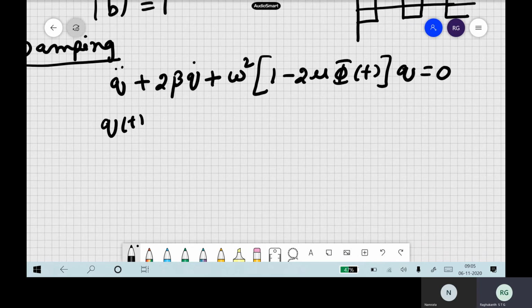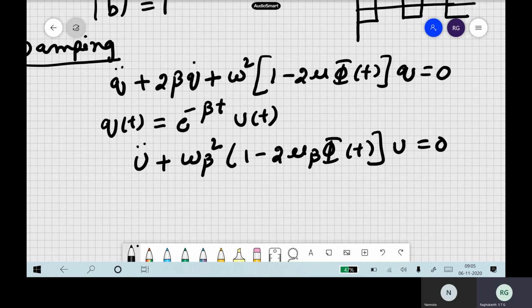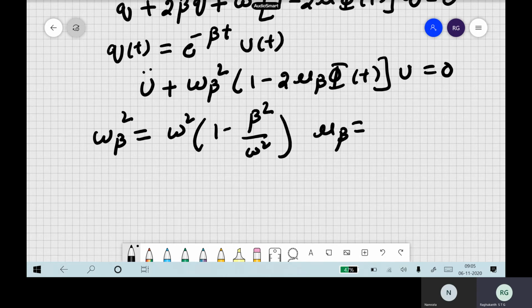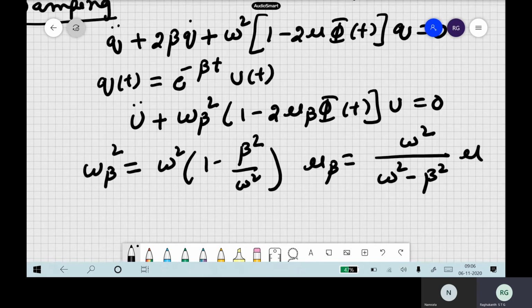If we substitute q of t as e to the power of minus beta t times u of t, then we can write this equation as u double dot plus omega beta square times 1 minus 2 mu beta phi of t times u equal to 0, where omega beta square is omega square minus beta square, and mu beta can be written as omega square by (omega square minus beta square) times mu.